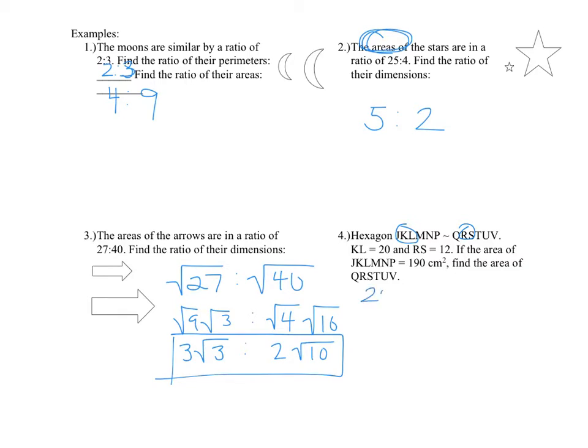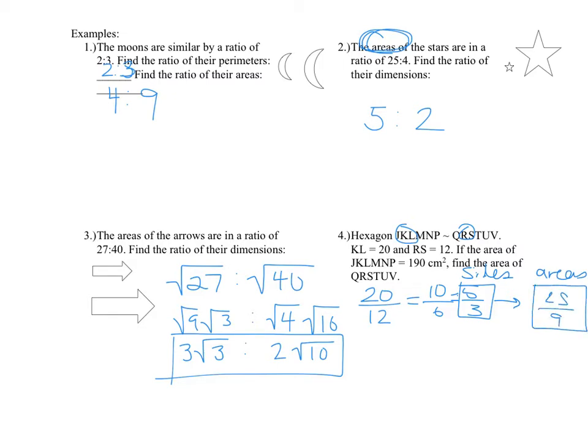The ratio of the sides is 20 to 12, which I can reduce by 2, and I can get 10 to 6. I can reduce by 2 again and get 5 to 3. So this is the ratio of their sides. Well, that means that the ratio of their areas would be this squared, which would be 25 to 9.